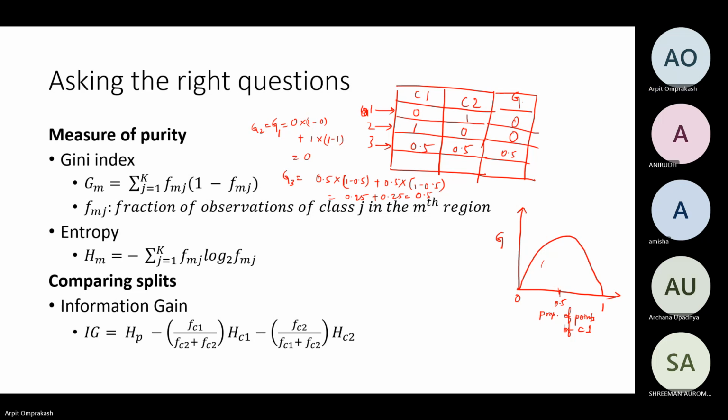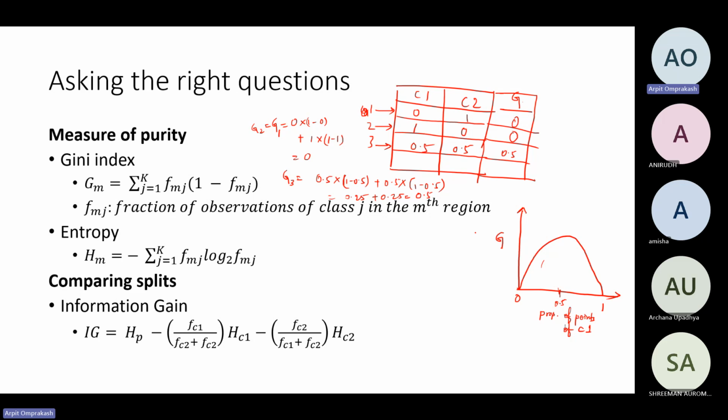Okay. Similarly, we have another measure of purity, which is called entropy, which also has a similar formula. Here we take the log of the fraction, multiply it with the fraction, and then sum it up. Instead of the Gini index, which is much simpler, where we just subtract 1 from it, here we take the log.